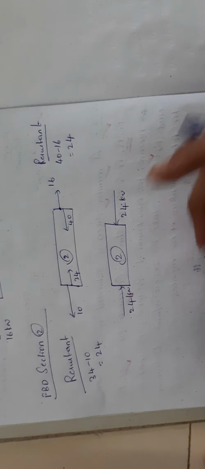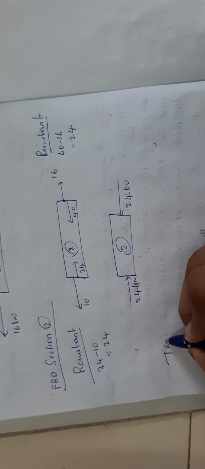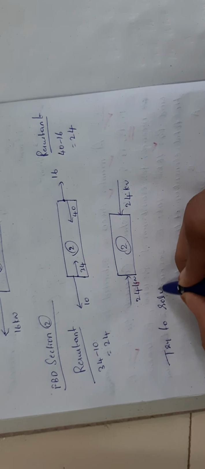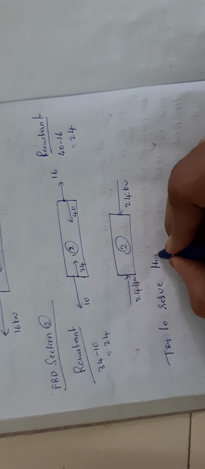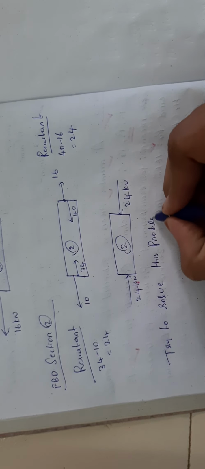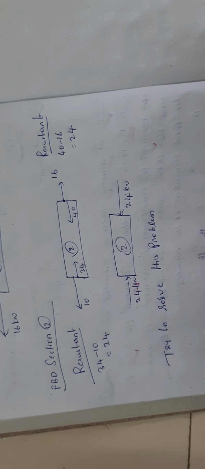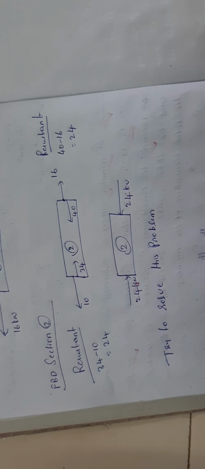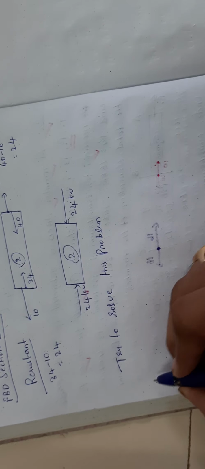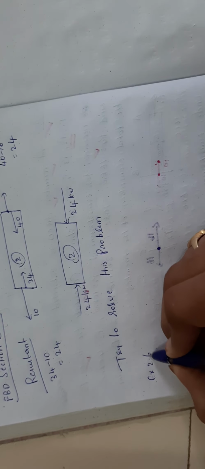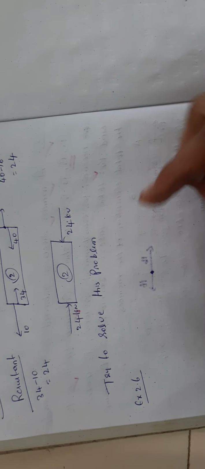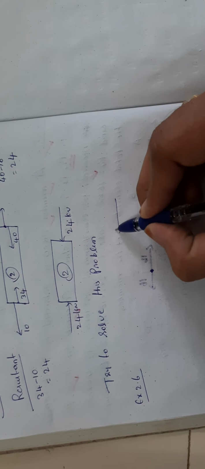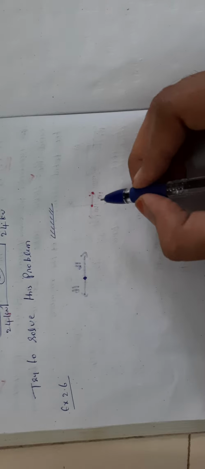And try to solve this assignment. Try to solve this problem, and I will mention example 2.6 also, because it is somewhat different. Example 2.6. In example 2.6, see, the bar is given in this direction.